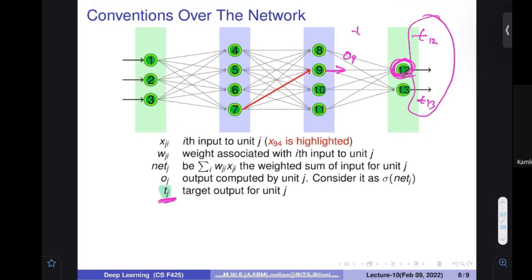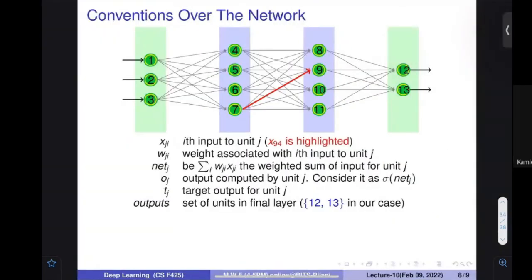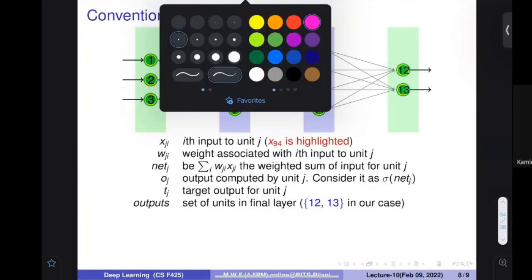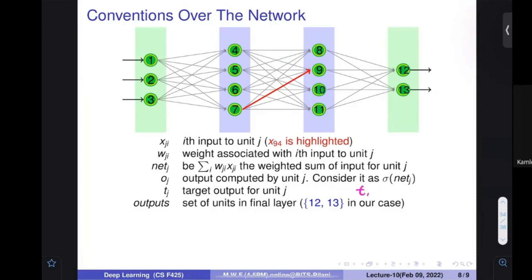Target means what the right value should be. Ultimately our objective is that tj minus oj should be very small, so we want to minimize this quantity.